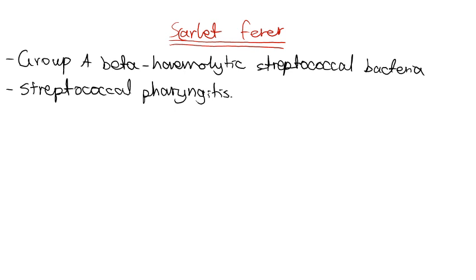So the symptoms of scarlet fever include, as I mentioned before, inflammation of the throat, so that's what pharyngitis literally means. And there is also, as is seen with all the conditions in this video, a pink red rash that's formed.